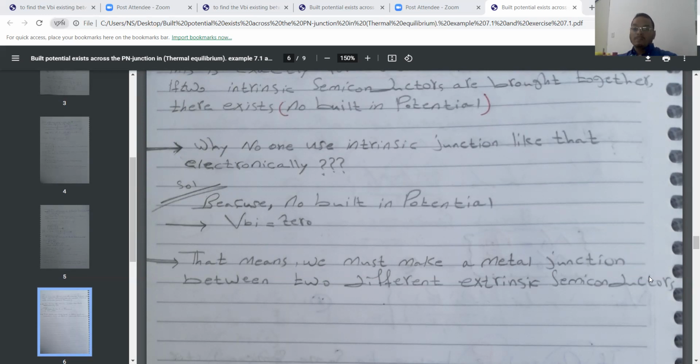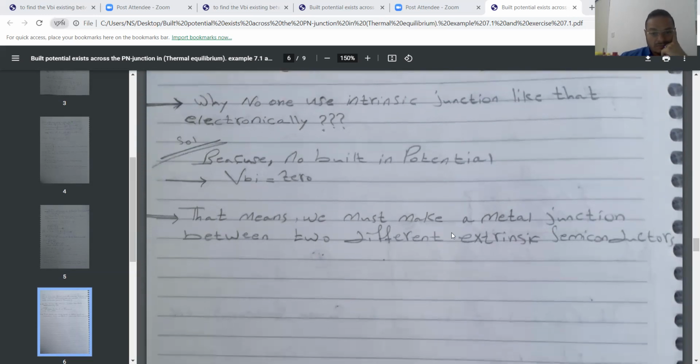But here, by this trick, we can deal with a PN junction made from the same semiconductor, with one condition: we must make a metal junction between these two different extrinsic semiconductors. That means we can deal with the same extrinsic semiconductor because we put a metal junction here.